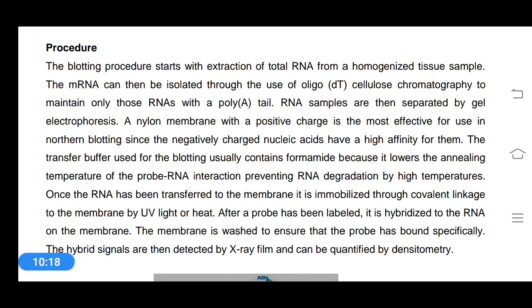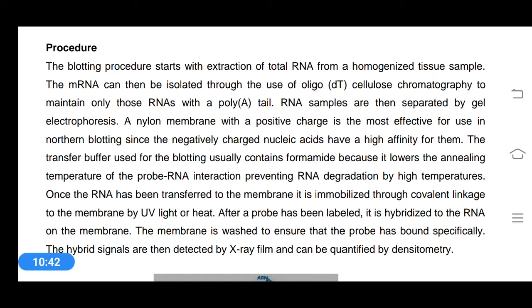And from this RNA, the mRNA can be isolated by using oligo-dT cellulose chromatography. By using oligo-dT cellulose chromatography, we can separate mRNA from the tRNA and rRNA.